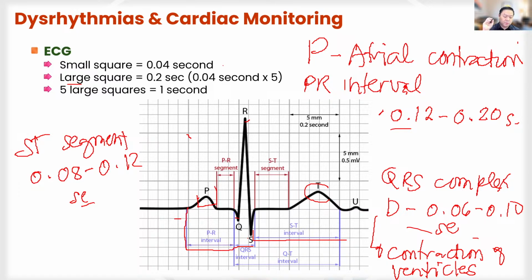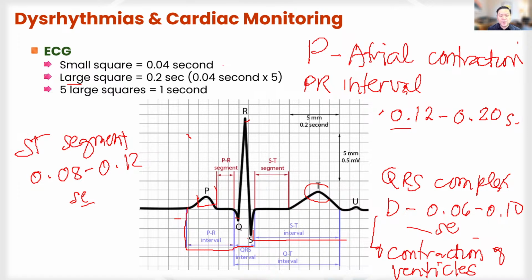If there's an issue with the PR interval, it's probably going to be more prolonged, and then probably the patient will have some AV block or atrioventricular block.